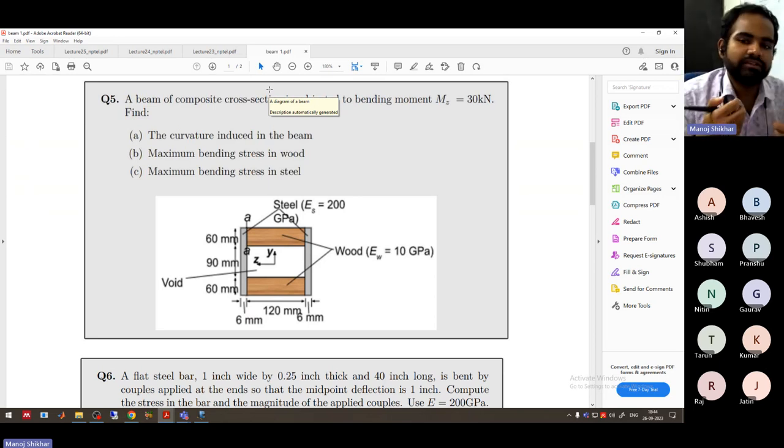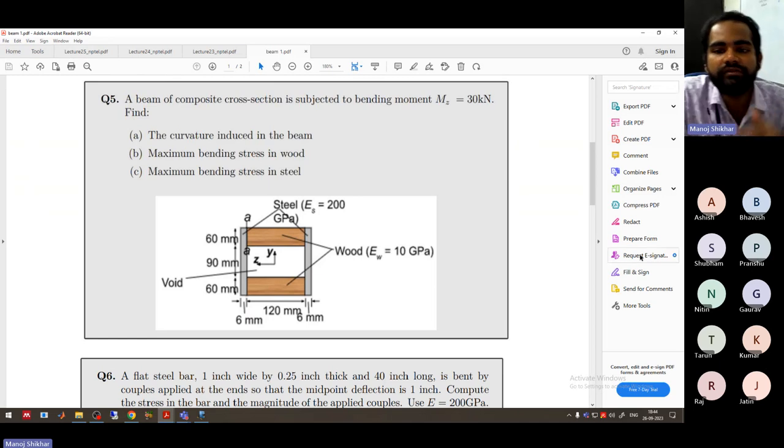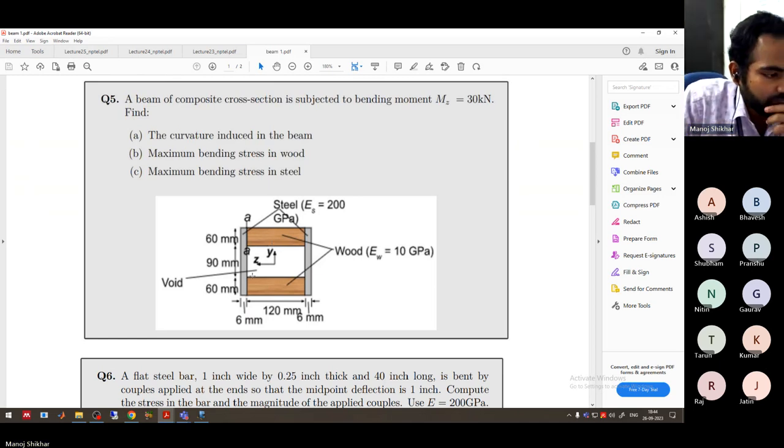But at first glance, you should realize that this cross section is symmetric. So if the cross section is symmetric, then its neutral axis will be the mid horizontal line of the cross section.